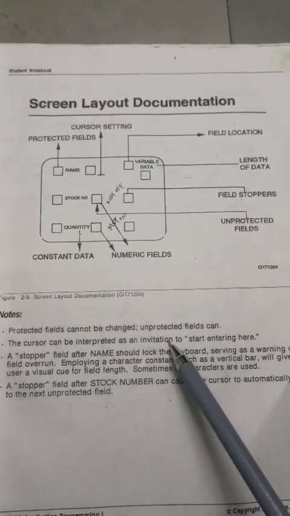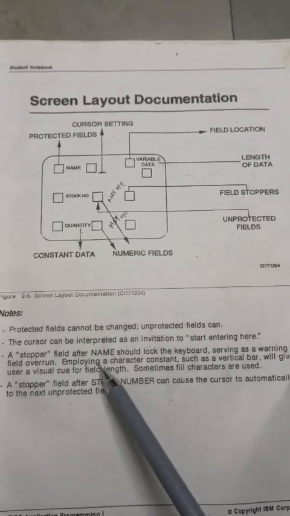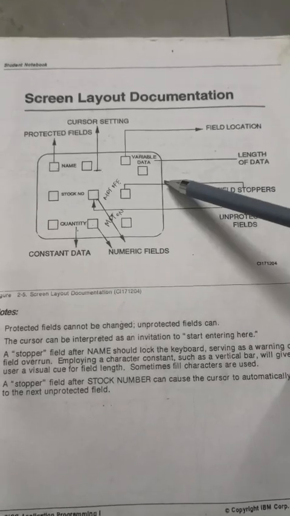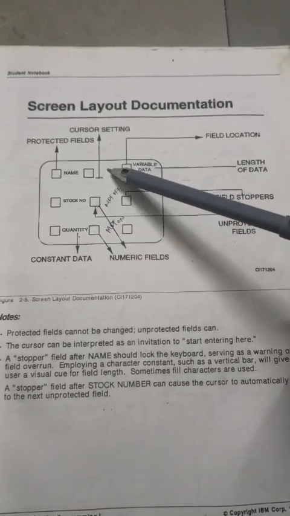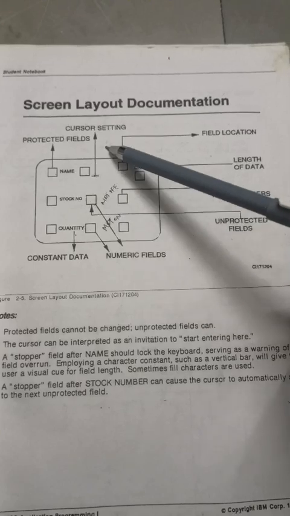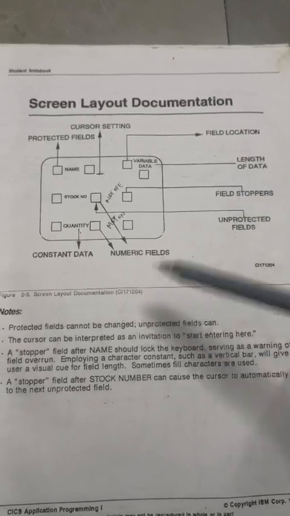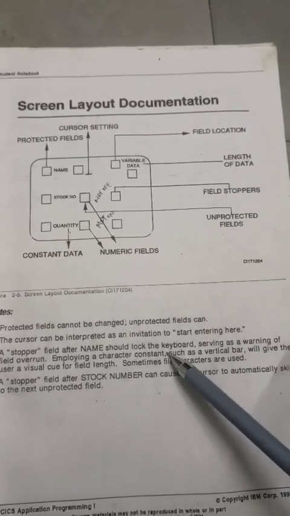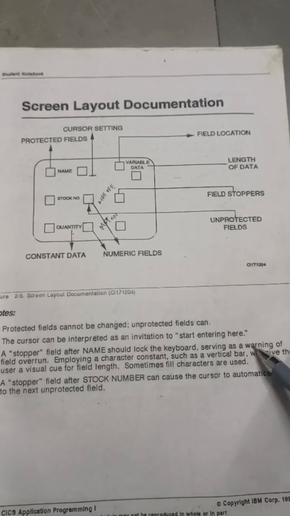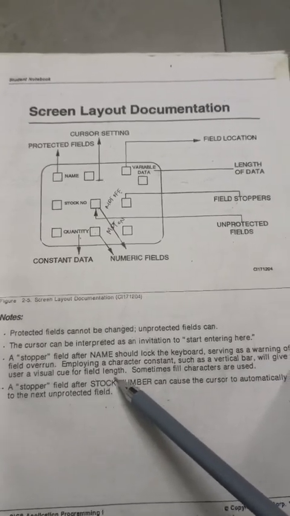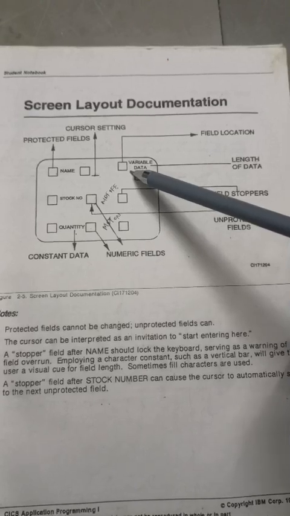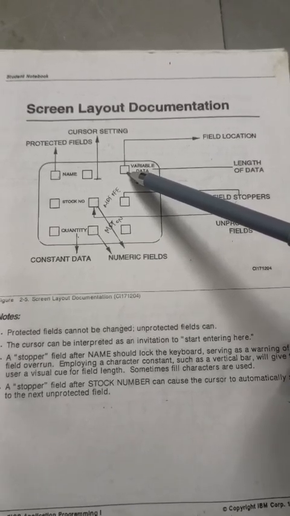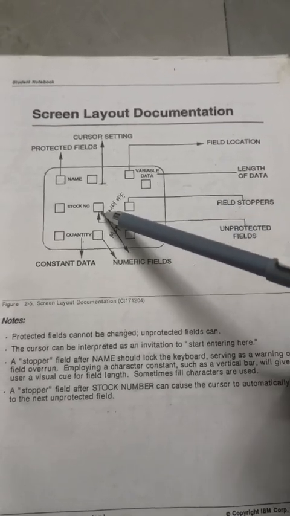The cursor can be interpreted as an invitation to start re-entry. Here is the stopper field after the named field. This is the named field and the stopper field here. With protected field cursor setting, after the name is provided, it should lock the keyboard and signal a warning on field overrun. Sometimes after entering the name field, I don't want to enter more in the name field, so the cursor moves to the next position.